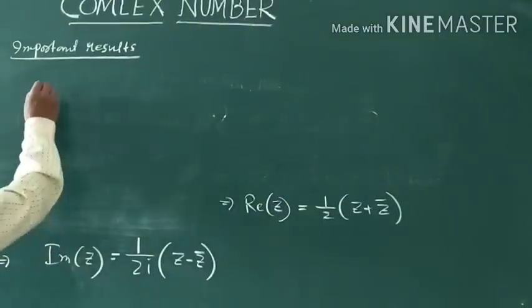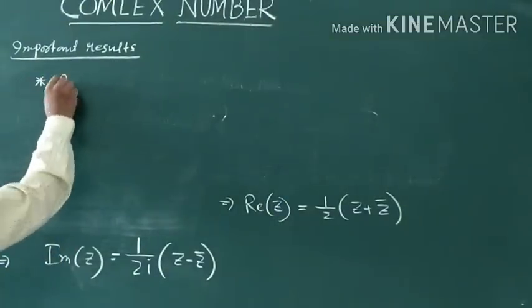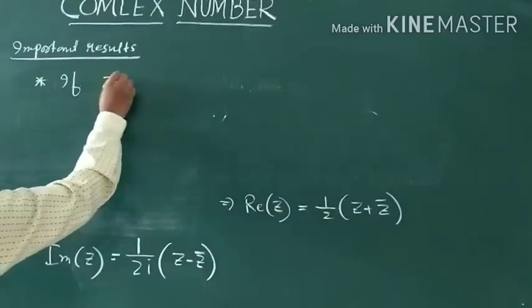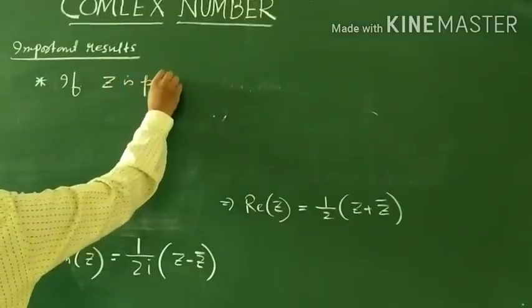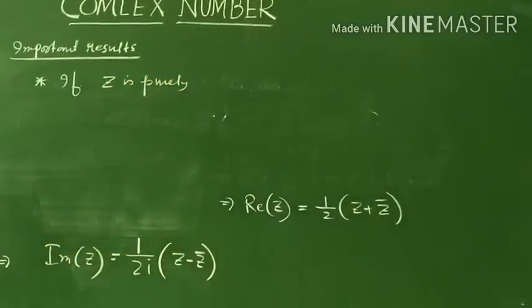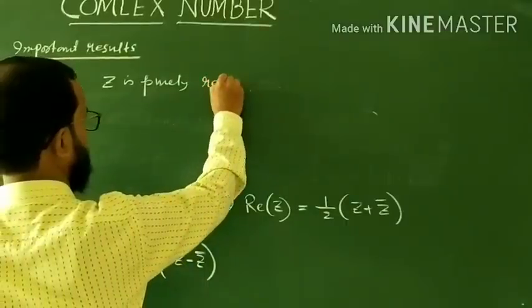Write with a star mark: if z is purely real.